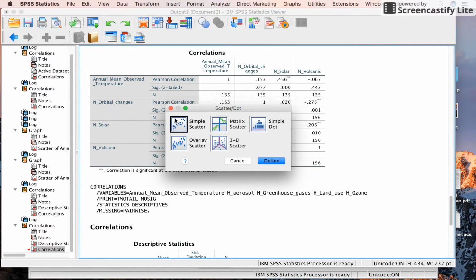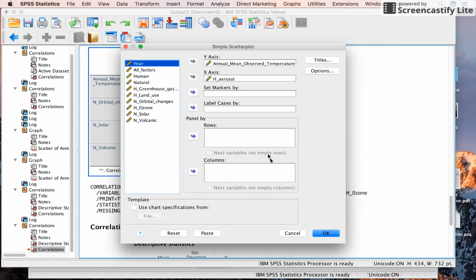Just choose a simple scatter and go Define. Our y-axis is mean observed temperature, and we'll put solar in as our x-axis, and go OK.